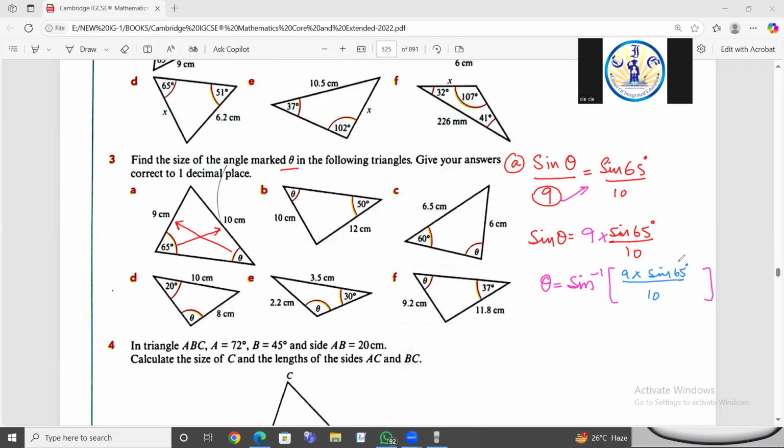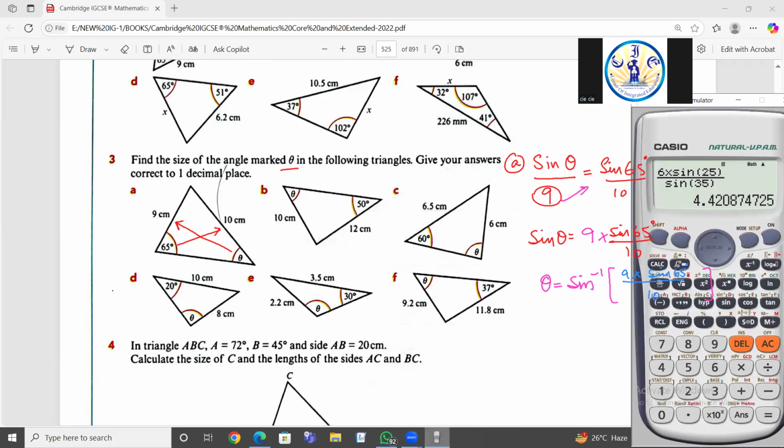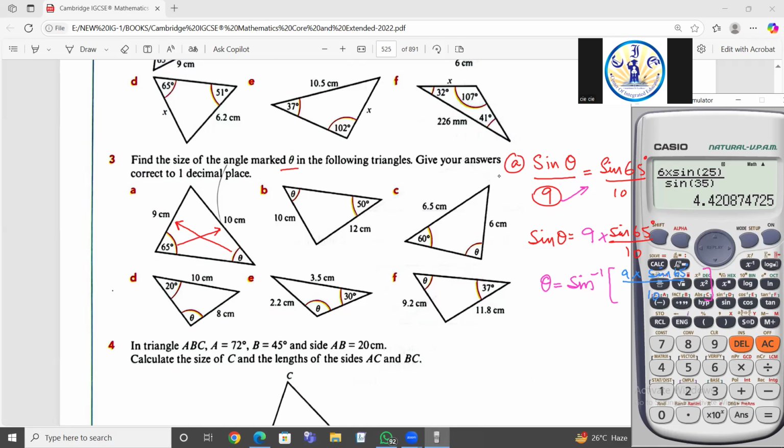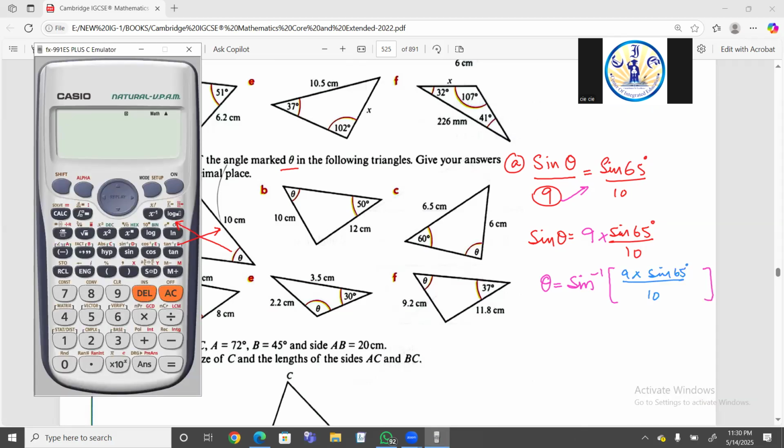So now using our calculator, this is shift sine, that gives us sine inverse actually.